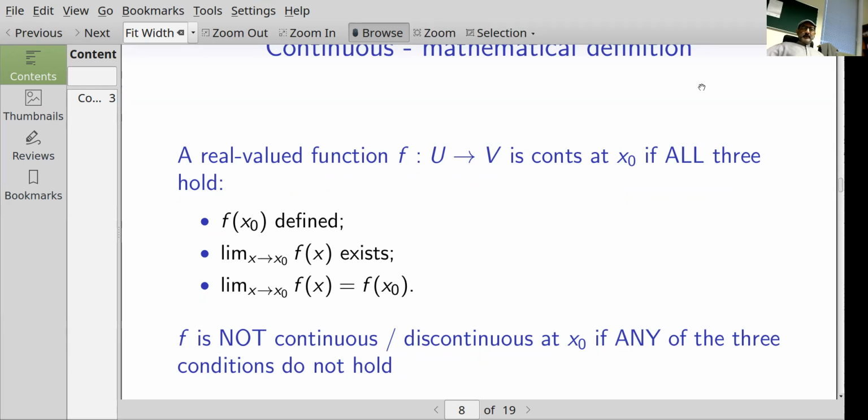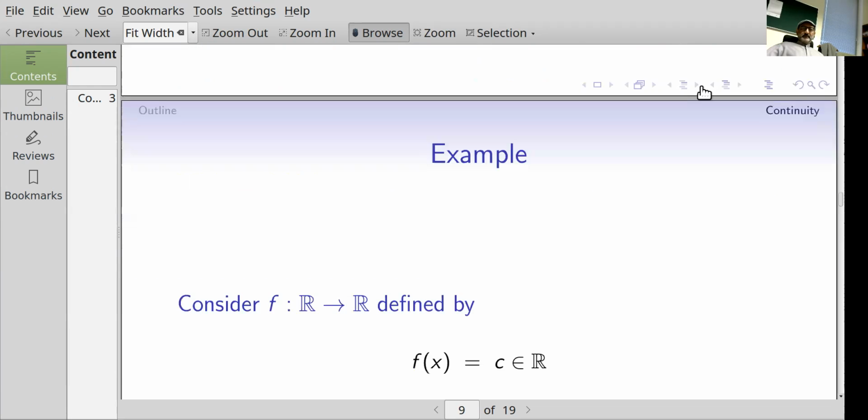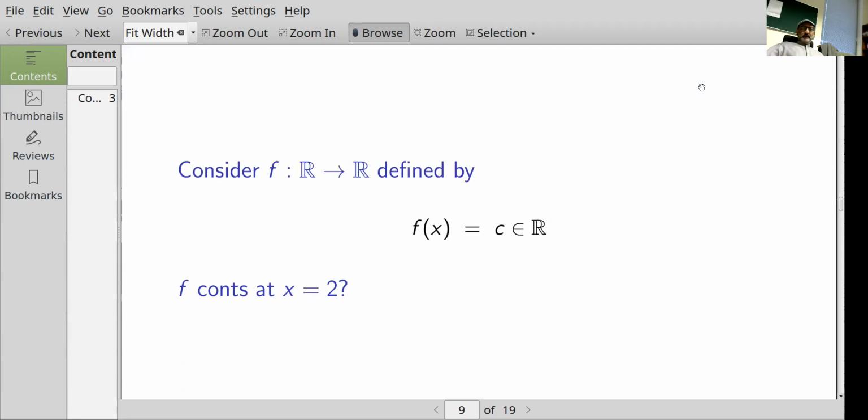And third, the limit at x naught of f of x should be equal to f of x naught. If all three conditions hold, then the function is said to be continuous at x naught. If any one of these three conditions fails, then the function is discontinuous at x naught.